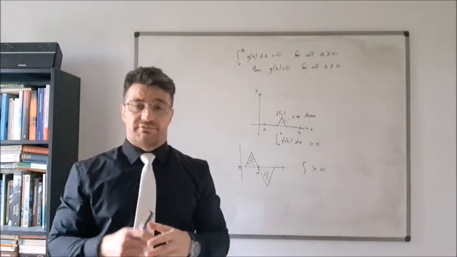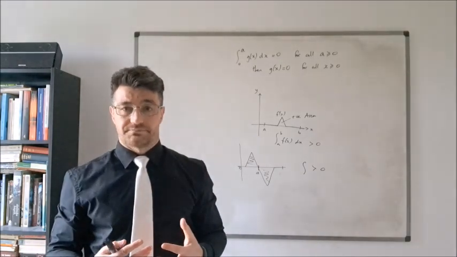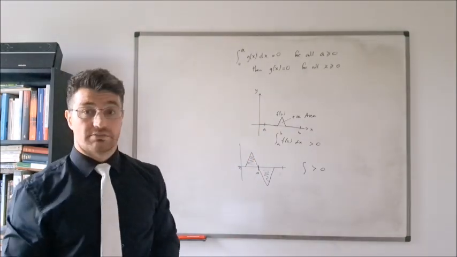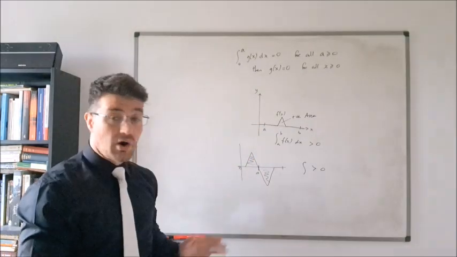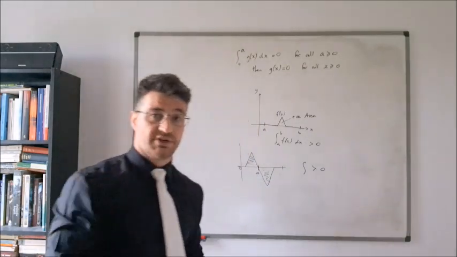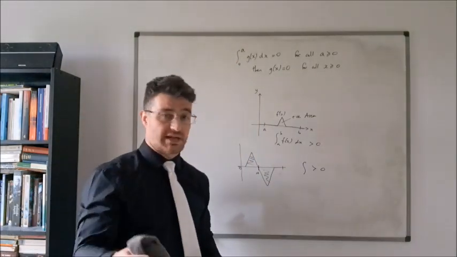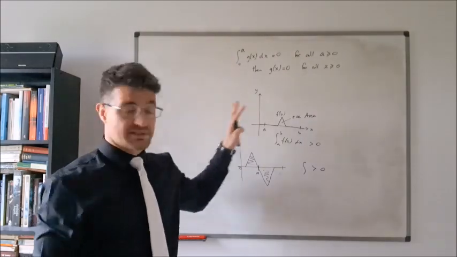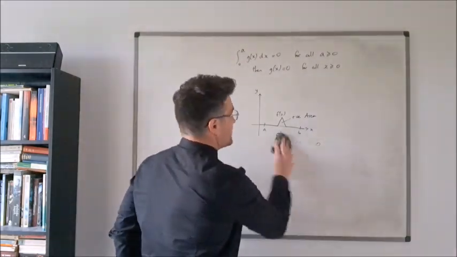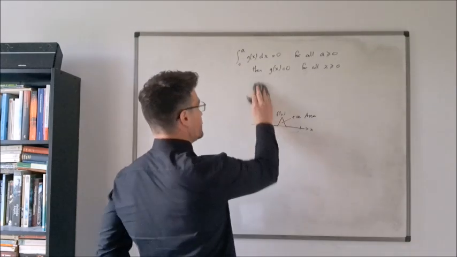You just have to find a way to articulate your idea. That's the main thing. This is a very important result in real analysis. When you go to university to do maths, you do real analysis, you will prove this theorem, and you'll do it in a very rigorous way as well.